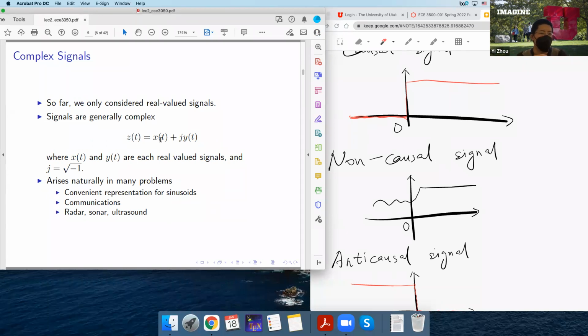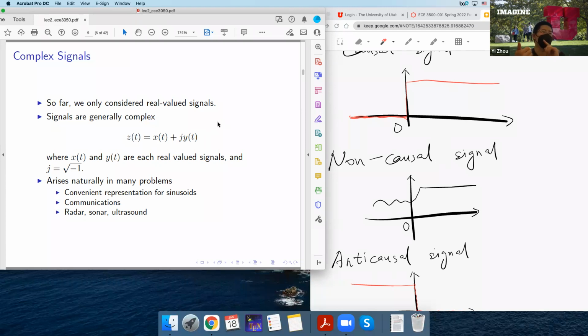We have a real part x(t) plus j times the imaginary part y(t). So basically a complex signal consists of two real signals. One is the real part, the other is the imaginary part. It's exactly the same as complex numbers, except that we now have a time index t to index this signal.